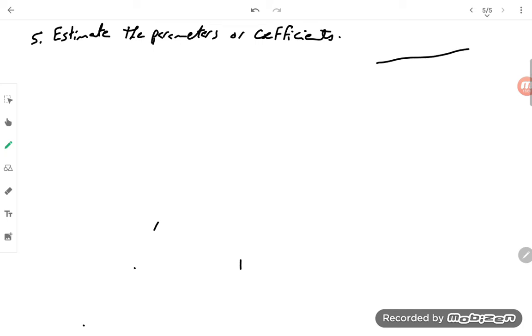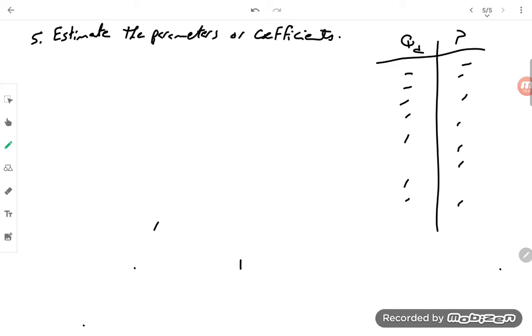For simplicity, as we said, we would like to study the relationship between quantity demanded and the price, so we have to collect data for quantity demanded and the prices, at different time periods, or across different countries, or panel data. Anyway, this is the data that should be collected for the two main variables.